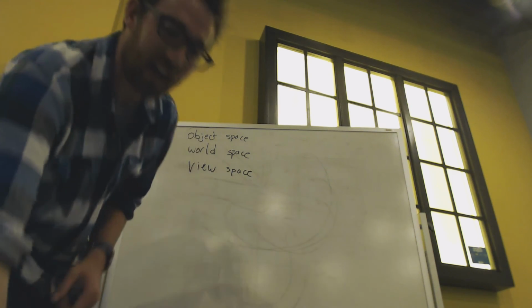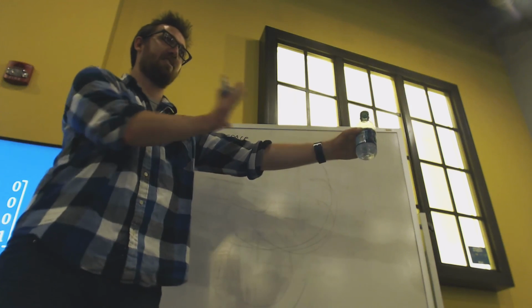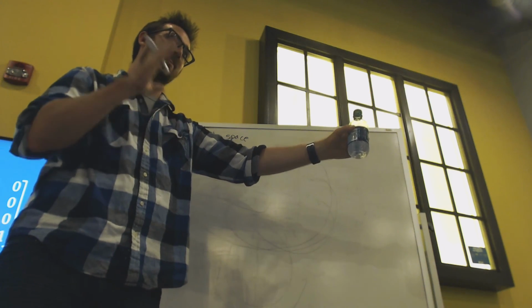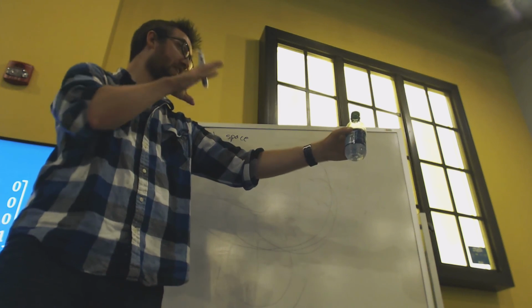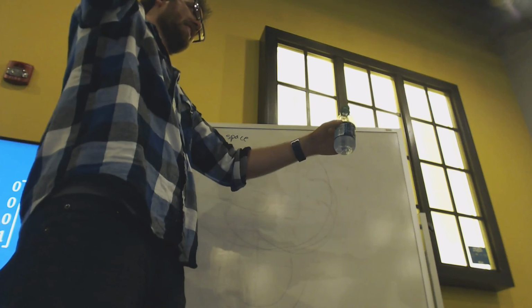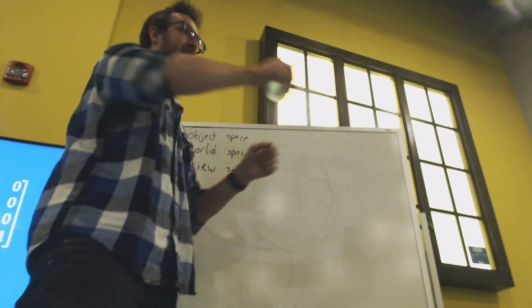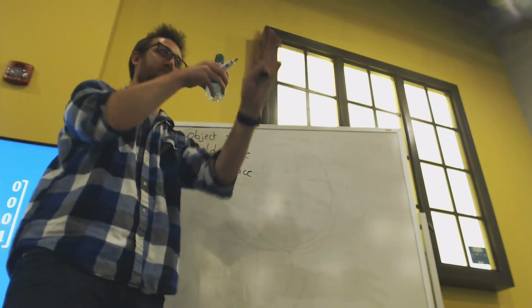So if we've got our bottle and we moved it over 2 units, that's in the world space. To convert it into view space, we take our camera 4x4 matrix and say, okay, my camera is now here, and we use that to multiply the world's position and figure out what it is in the camera's view matrix position.